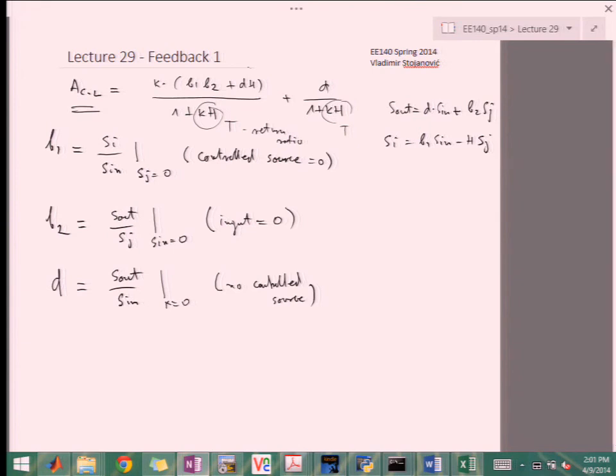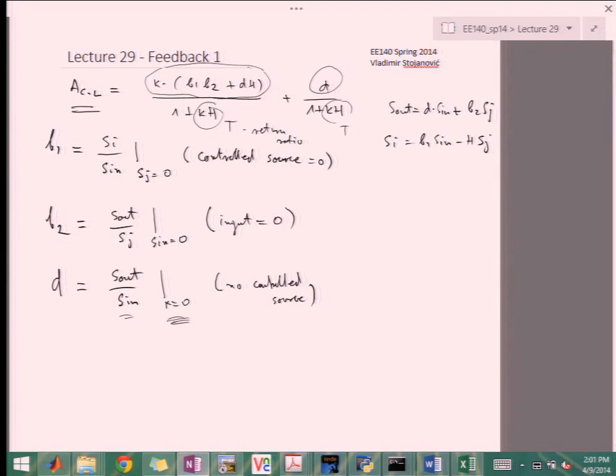But right now, let's focus on how do we calculate these two pieces. So D, I've already told you, it's S out over S in when I disable the amplifier, right? So we'll see on different topologies. But the only thing you need to remember is that when you're calculating D, which is the S out over S in, the amplifier is disabled.